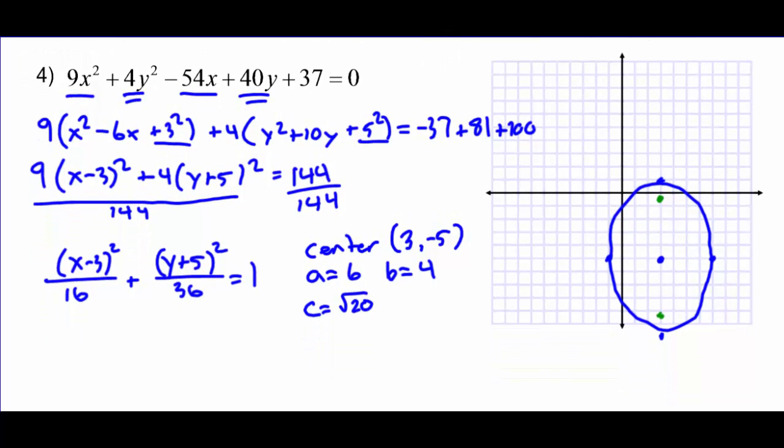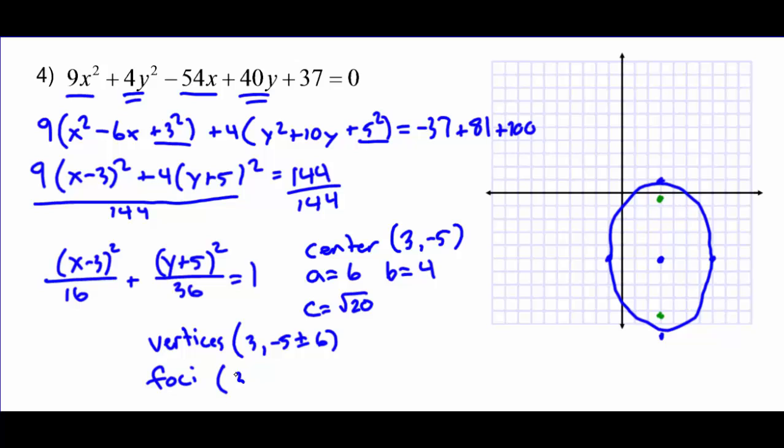Let's go ahead and mark down all the key information. We already marked the center. So the vertices, we know from that center we're moving up and down, so that would be 3 and then negative 5 plus or minus 6. It didn't ask us for co-vertices, but those would be 3 plus or minus 4 and negative 5. I'm not going to list them though, but I am going to list the foci.